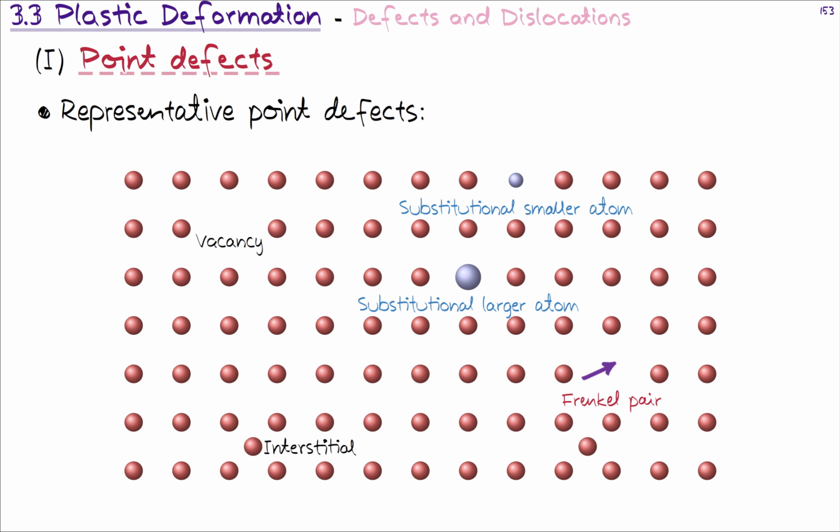So we have a vacancy combined with an interstitial atom, and these two form a kind of combined defect, named after its inventor, Frenkel. These are some examples of point-like defects that may take place in an ideal crystalline lattice.